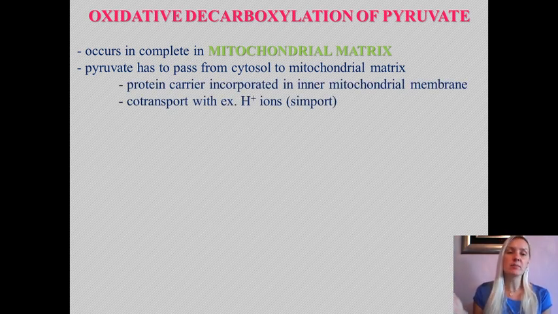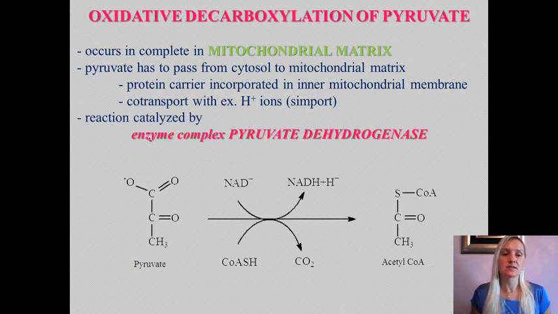This is achieved by protein carriers incorporated in the inner mitochondrial membrane, and the mechanism of the transport of pyruvate from the cytosol to the matrix of mitochondria is co-transport, usually a symport with some ions, for example hydrogen ions or something similar.